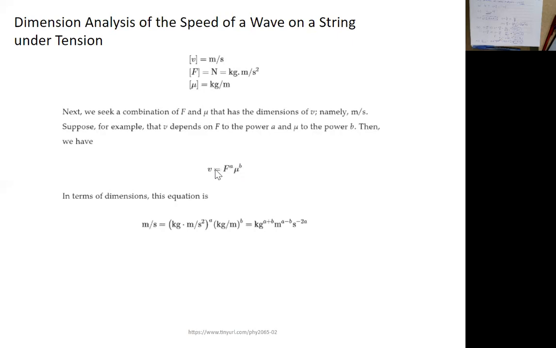Now for dimensional analysis, the speed has units of meters per second, so you write on the left-hand side meters per second.